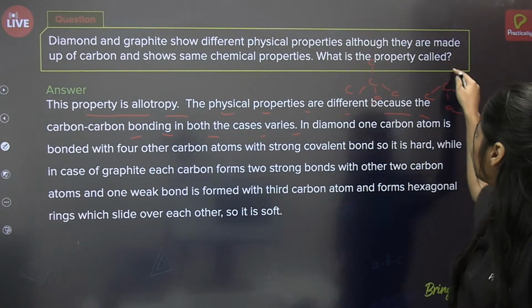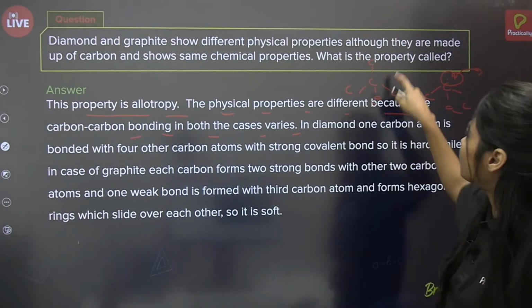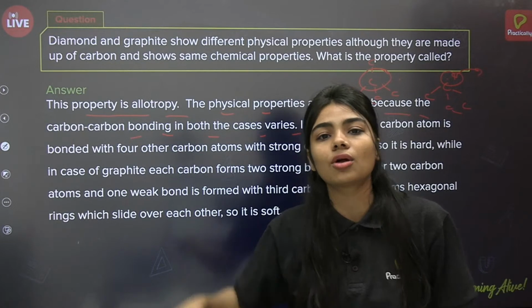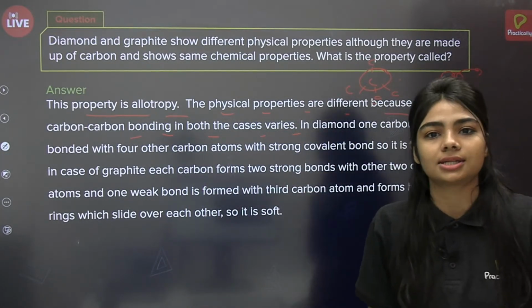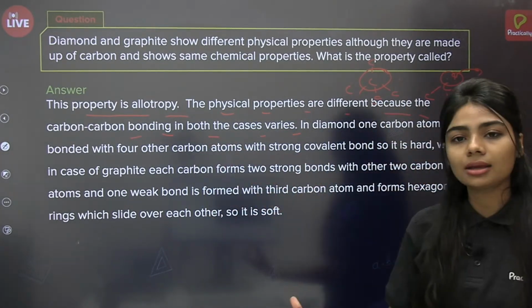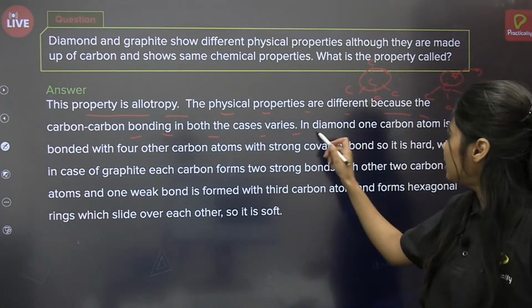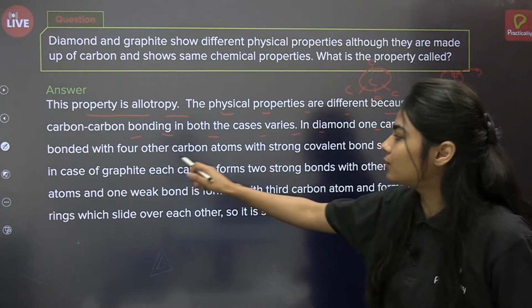Due to this free electron, graphite is a good conductor of electricity, and due to the unavailability of a free electron, diamond is a poor conductor of electricity. So the bonding varies, that's why the physical properties also vary. In diamond, one carbon atom is bonded with 4 other carbon atoms.